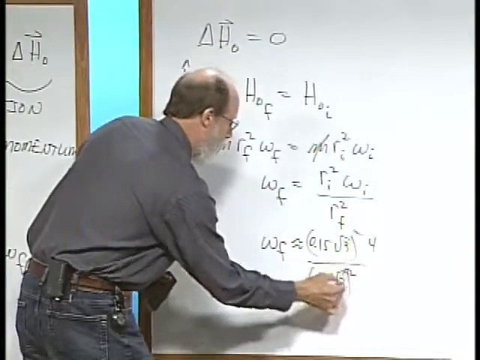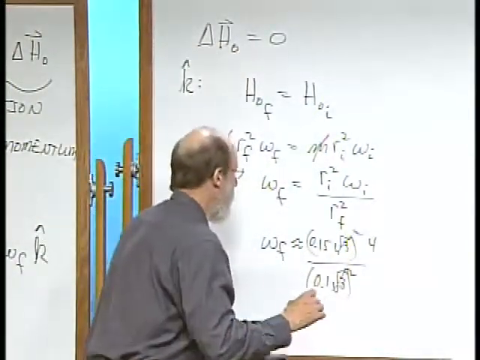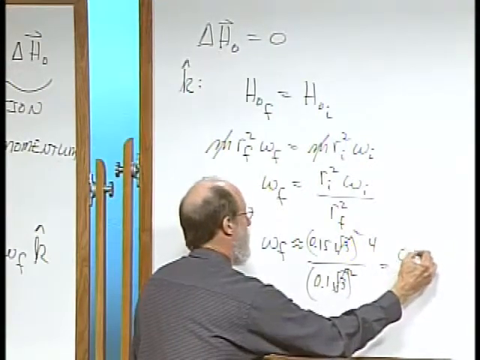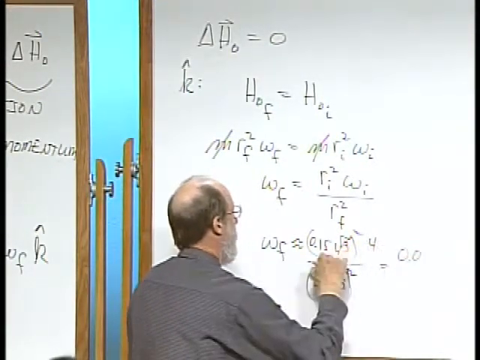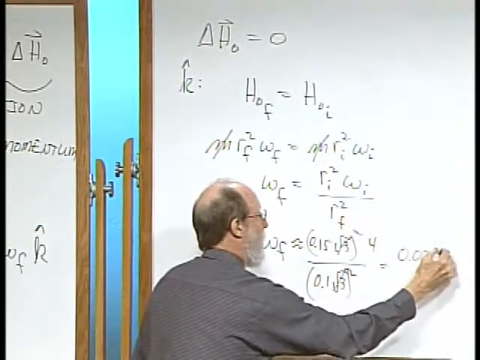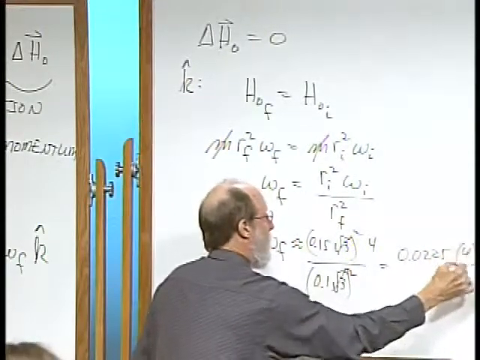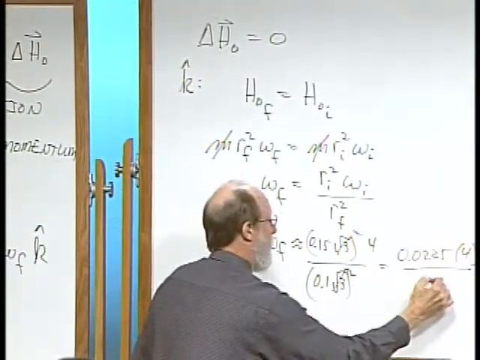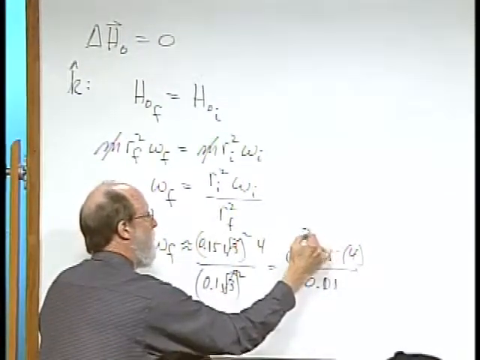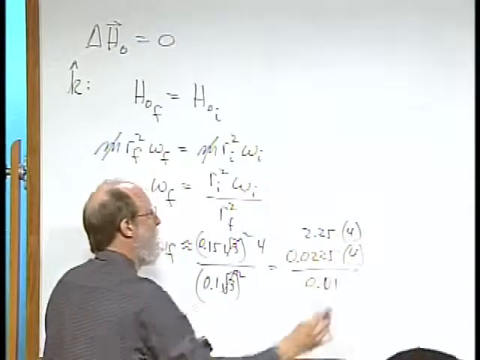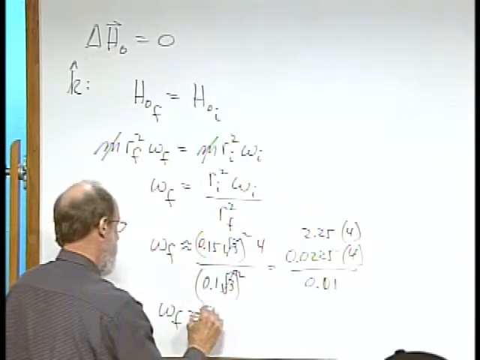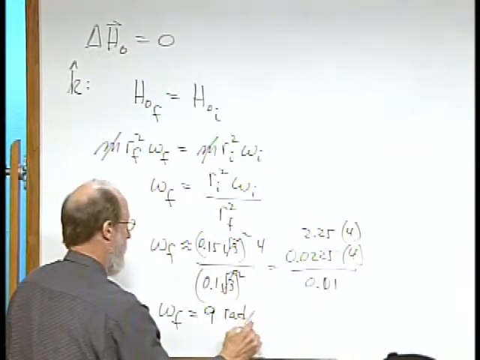So we lose the square roots of 3, and we end up with 0.0225 times 4 over 0.01, which is 2.25 times 4, which should be 9. 9 radians per second.